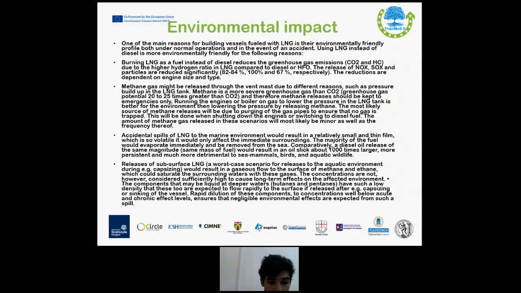The components that may be liquid at deeper waters, butanes and pentanes, have such a low density that these too are expected to flow rapidly to the surface if released after capsizing or sinking the vessel. Rapid dilution of these components to concentrations well below acute and chronic effect levels ensures that negligible environmental effects are expected from such a spill.